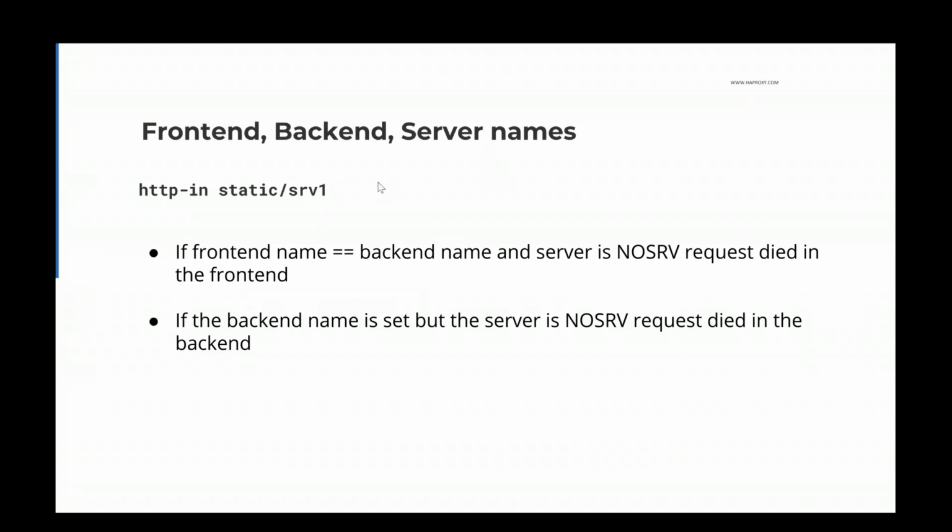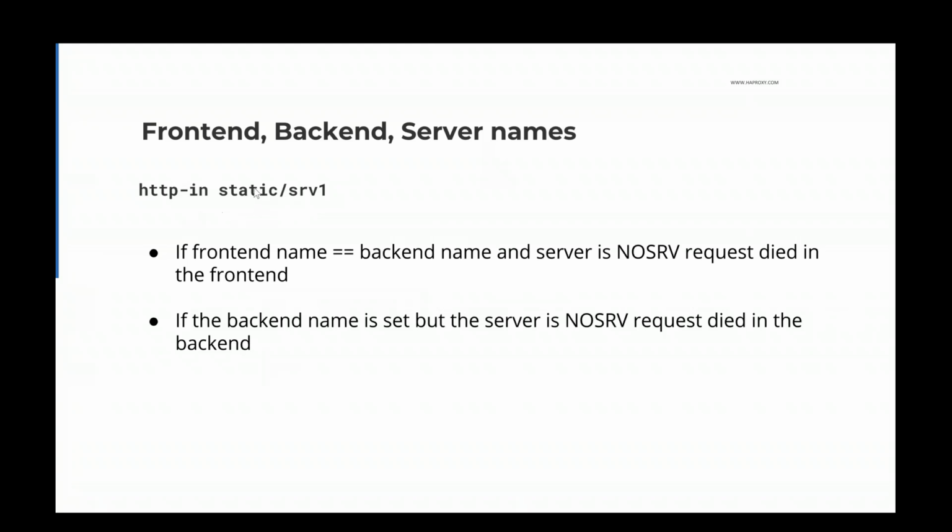This is useful for your obvious sorting and checking uses, but there are a couple of notable conditions which, when debugging, are important. If the front-end name is the same as the back-end name, and the server name is noserver, which will be in brackets, then you know that the request never left the front end.